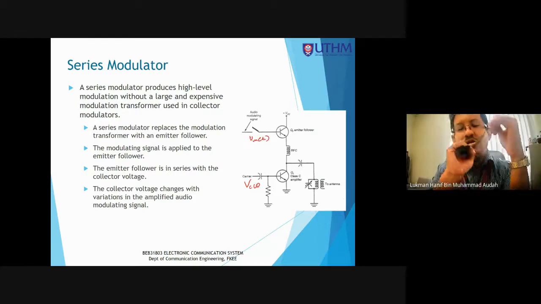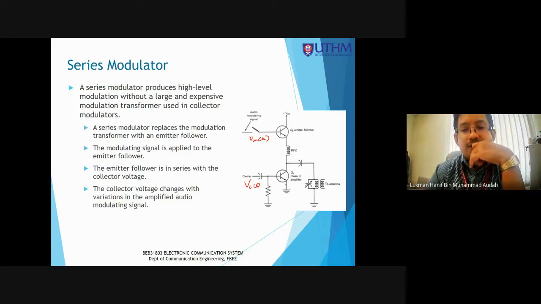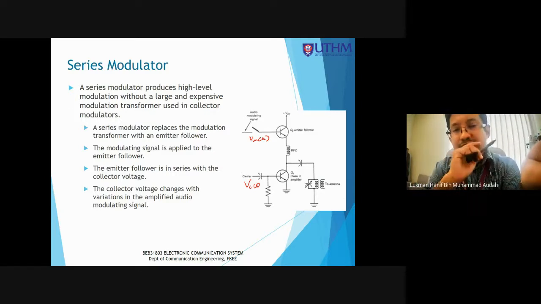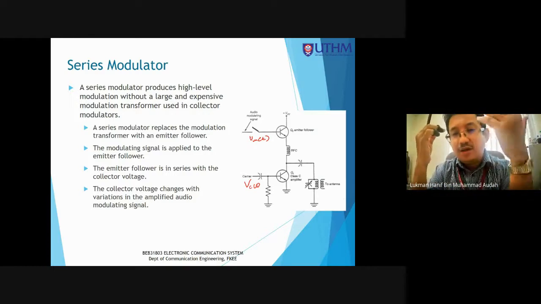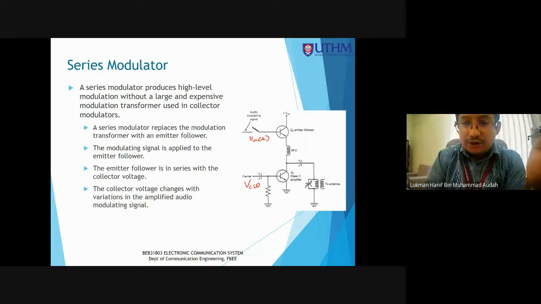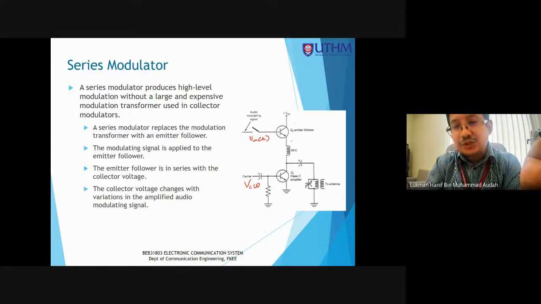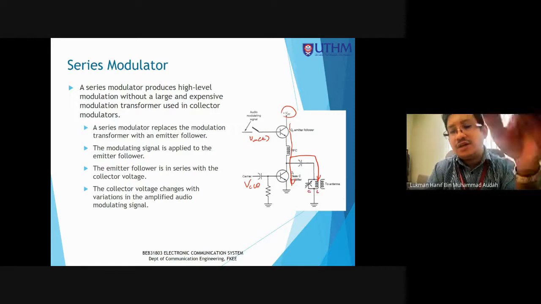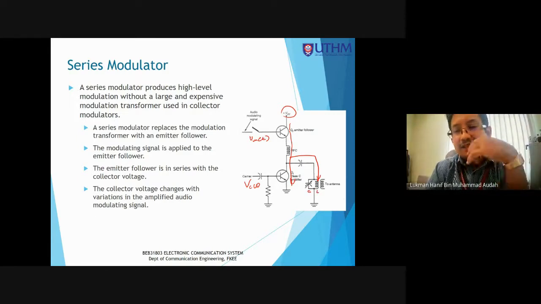Okay, and again, transistor ini akan switch off berdasarkan voltage pada base. If both transistors are switch on, kalau kedua-dua transistor ini switch on, maka current boleh mengalir daripada VCC kepada ground, dan juga dia akan charging the LC tank circuit, and this is connected to the antenna.